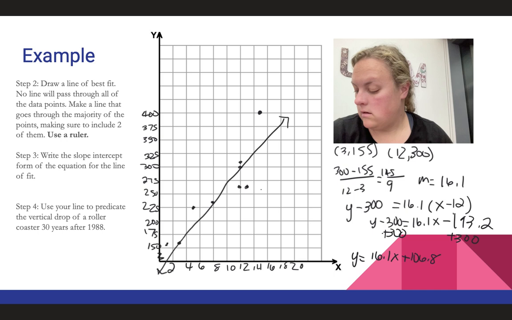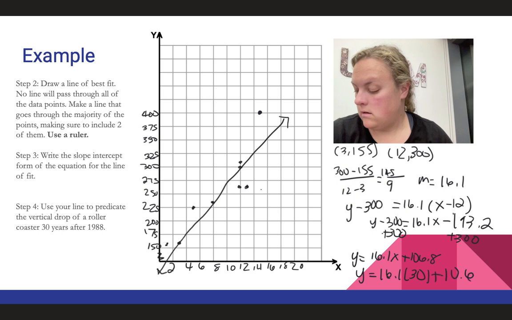And so they want us to use our line to predict the vertical drop of a roller coaster 30 years after 1988. And so I'm going to use 30 as my x value. So I'm going to multiply that by 16.1 and then add 106.8.